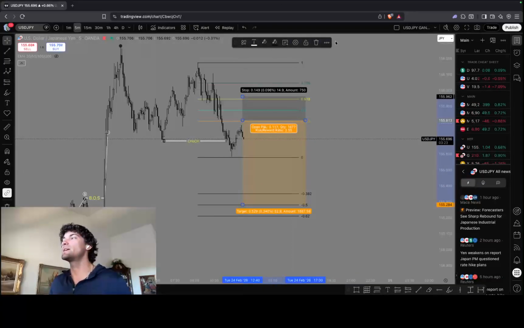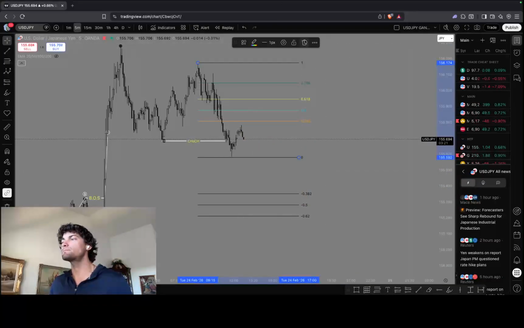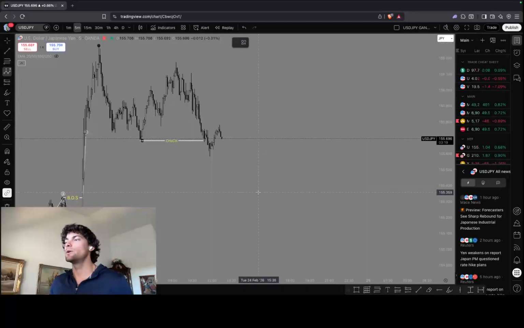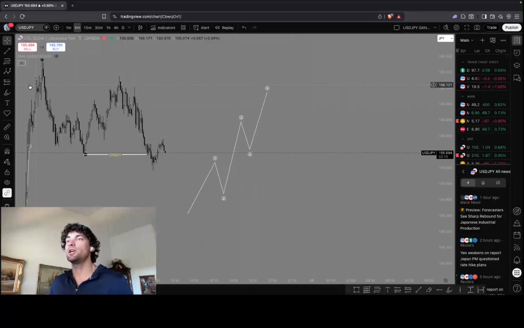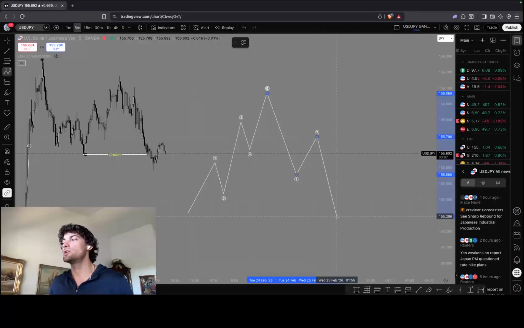So basic market geometry is your uptrend, right? And then you have something called a change of character. When this breaks this level here, when it breaks this level here, that's called a change of character. So we're going to have a level here, right?